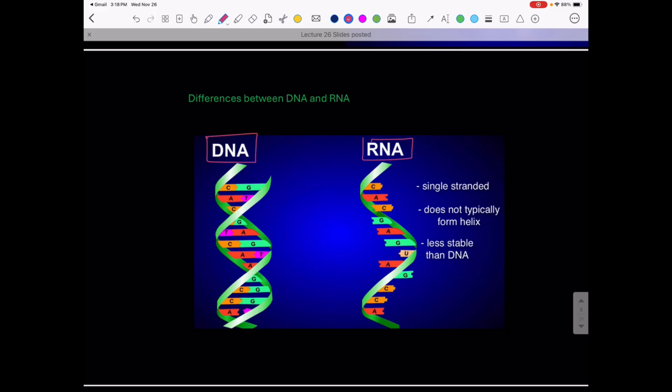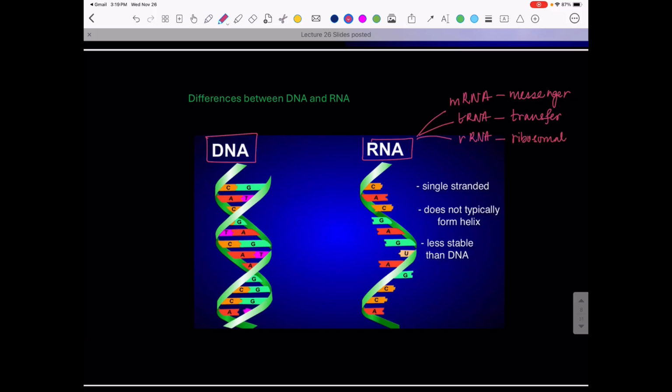RNA also has at least 3 different types: the mRNA, the tRNA, and the rRNA. mRNA stands for messenger RNA, which carries the message from the DNA into the cytoplasm. Transfer RNA is the tRNA that is involved in transferring the amino acids onto the ribosome. And rRNA is the ribosomal RNA, which is part of the ribosomal machinery.